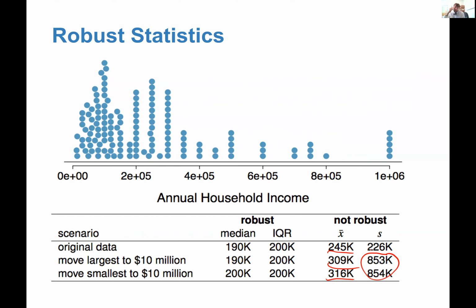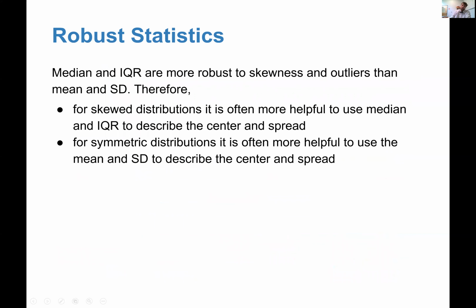So that means we like to use mean and standard deviation when we can, but we prefer it when the data is symmetric and unimodal. If the data is not symmetric and unimodal, maybe use median and IQR instead. That's one of the lessons we're trying to learn here.